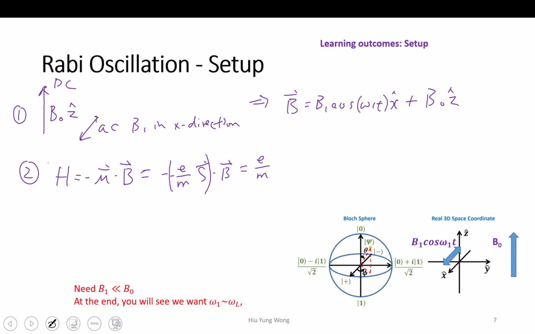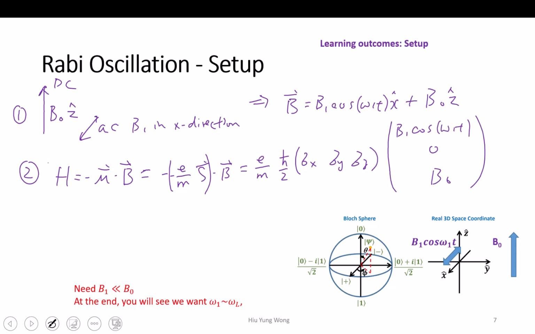This equals h bar divided by 2. And I'm just going to write in the row form, sigma x, sigma y, sigma z, dot product with the B. What is B? B1 cosine omega-1 t, 0, and B0.